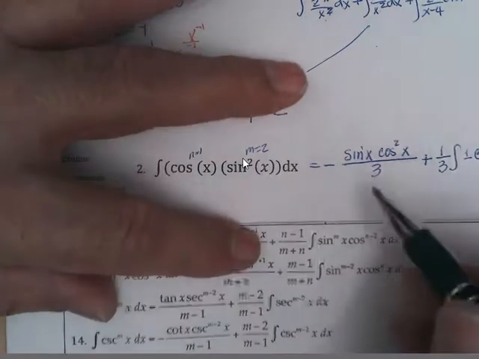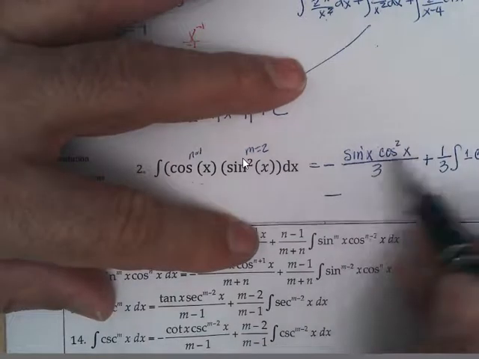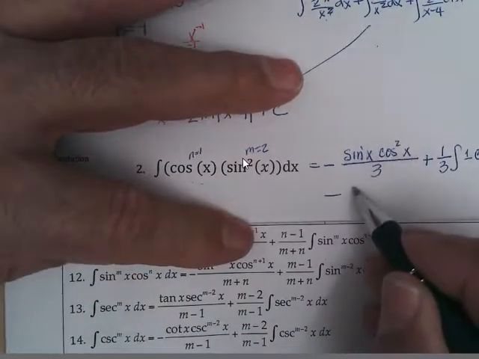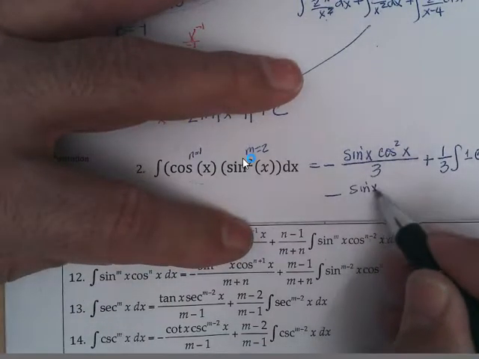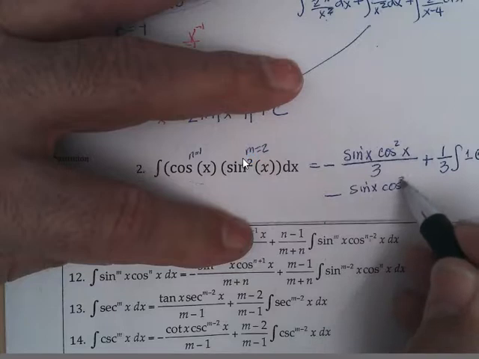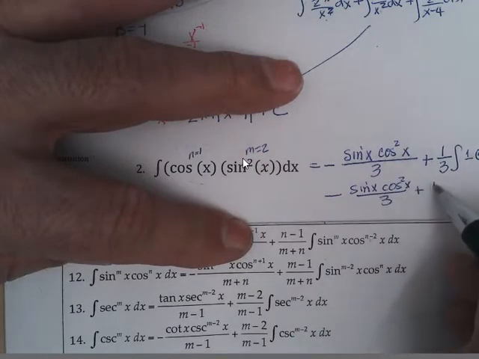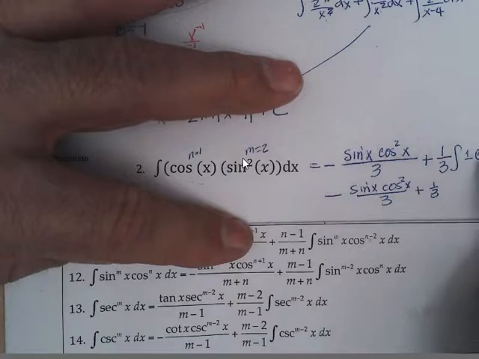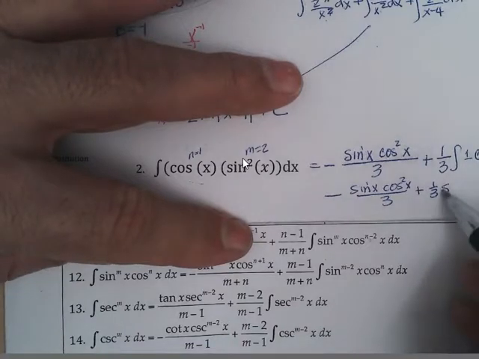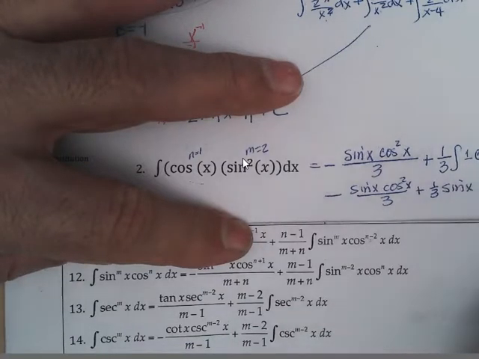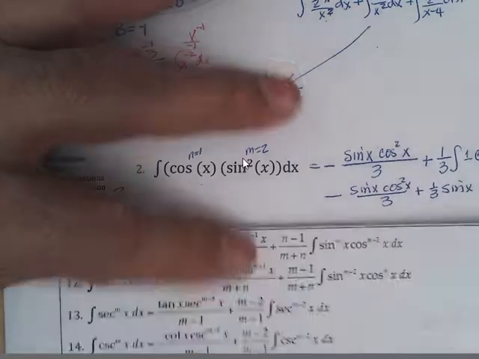Which then is, we're not doing any integral on this, so it's just negative sine of x cosine squared x over 3 plus 1/3. Let's see, we take the derivative of sine, we get cosine. So it's just sine x plus c.